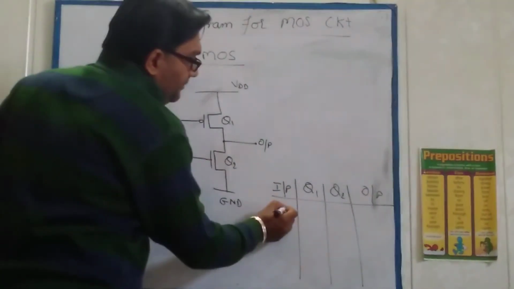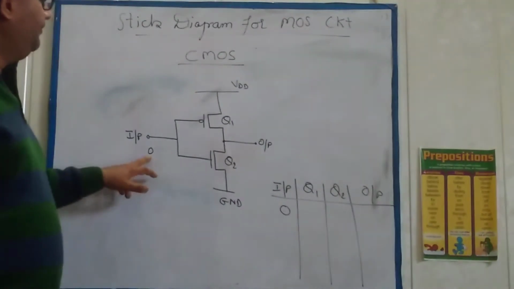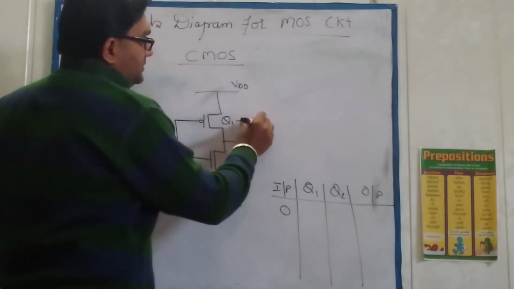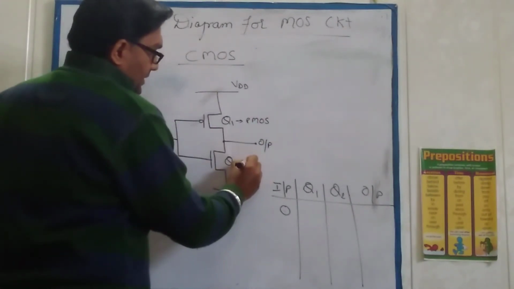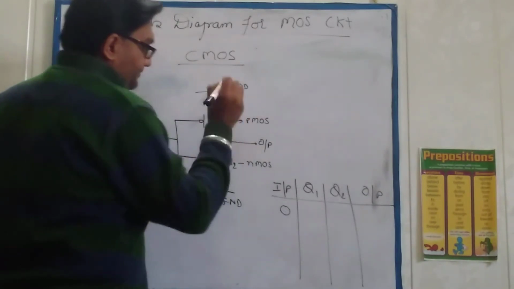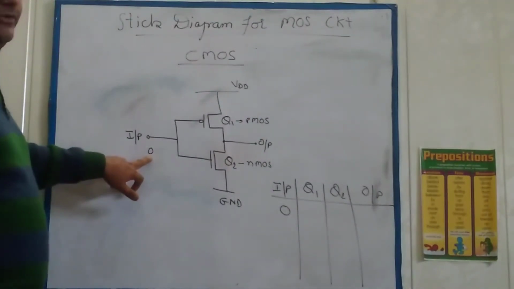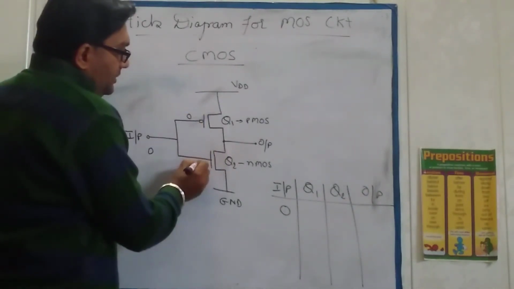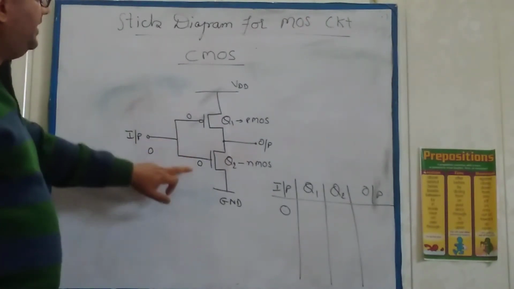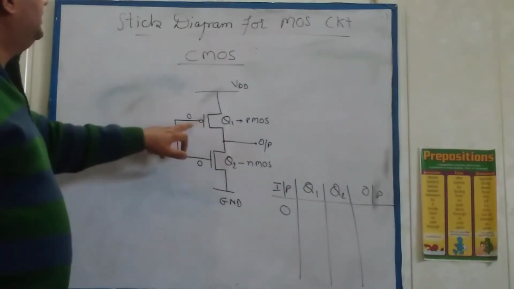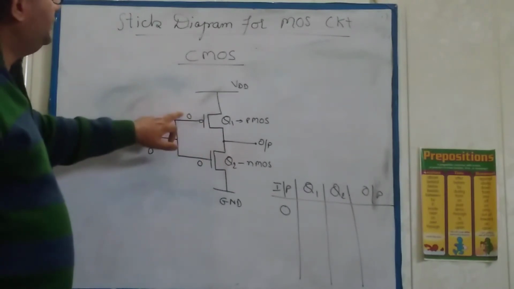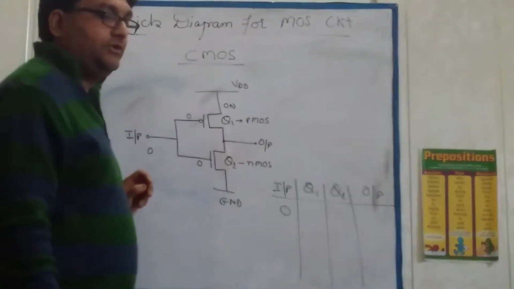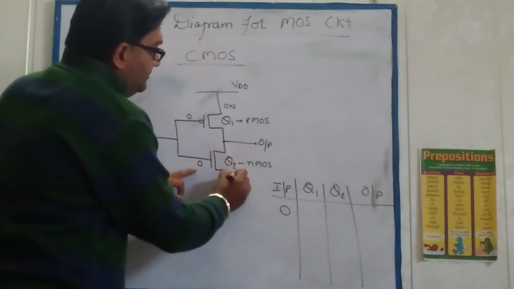First, I apply the input as 0. Q1 is a PMOS transistor, and Q2 is the NMOS. As the two gates are shorted, the same voltage appears on both gates. So 0 appears here and 0 appears here. We know this PMOS is active low, so if 0 is at the gate, this transistor becomes on, and the NMOS becomes off.